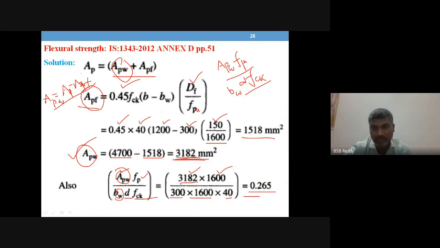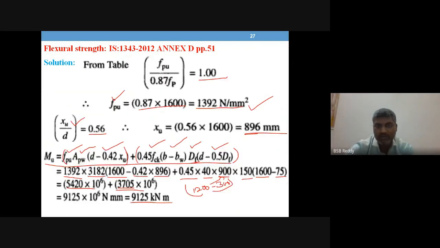Then go to the table and read the tabular values for FPU and XU by D value. Okay, and then you substitute into this formula, which is not written. This formula will not be there in the IS code. You have to formulate on your own.